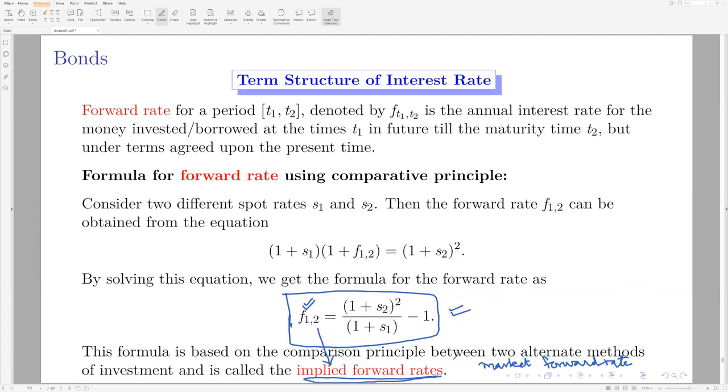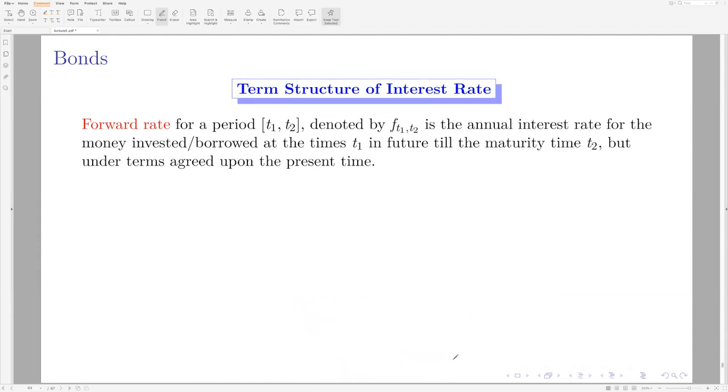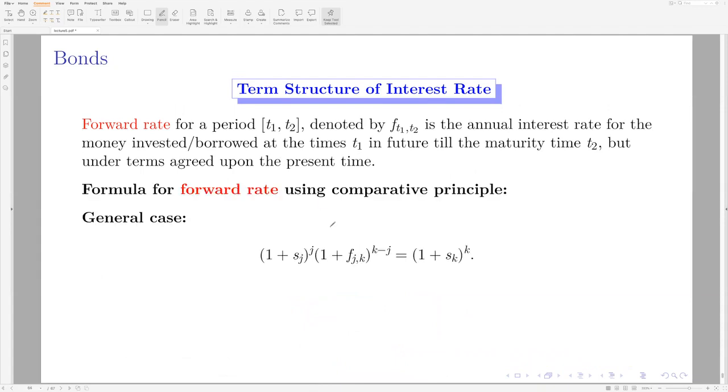So once you understood this concept, generalizing it to any interval of future time i to j can be done very easily. You take any time, the comparative principle, you take any i. So you are sitting in the present time, you are trying to fix an interest rate with somebody, from the jth year to kth year.